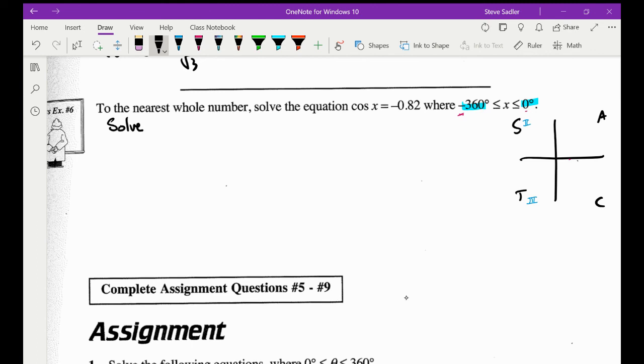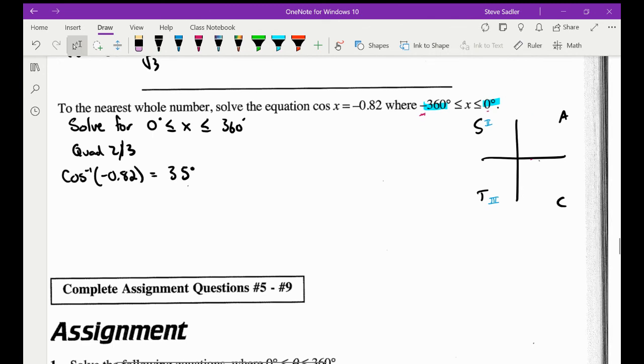The best way to do this is solve for 0 to 360, just like we would regularly solve. So we're working in quadrants 2 and 3. We can type that into our calculator. Cos to the negative 1 of negative 0.82 gets us a reference angle of 35 degrees.